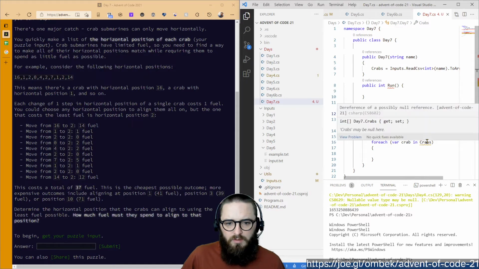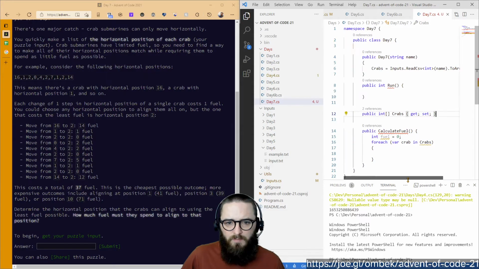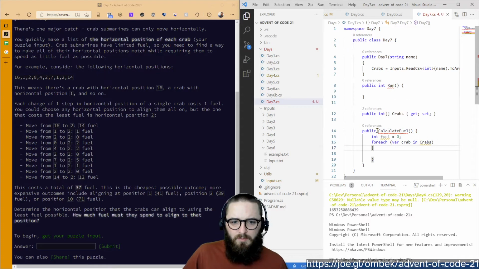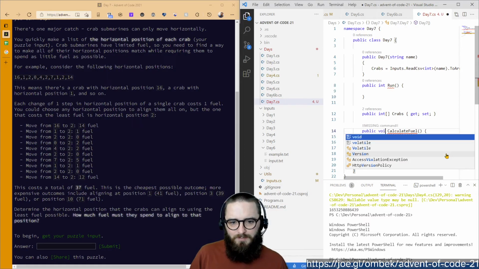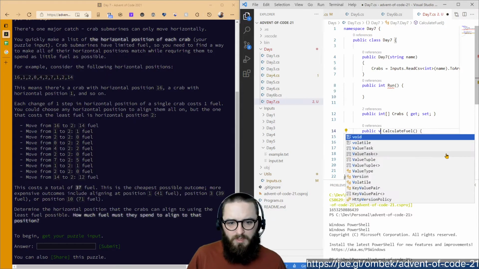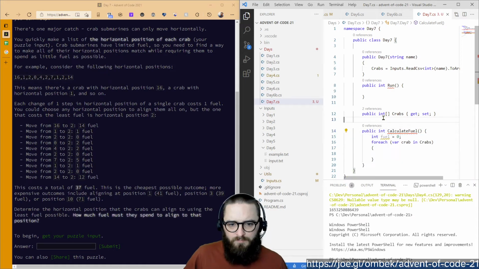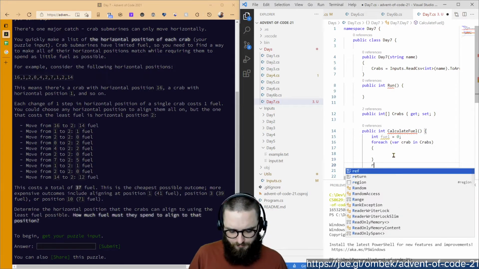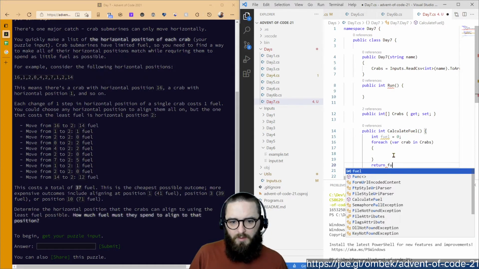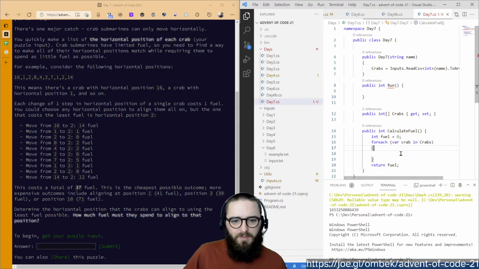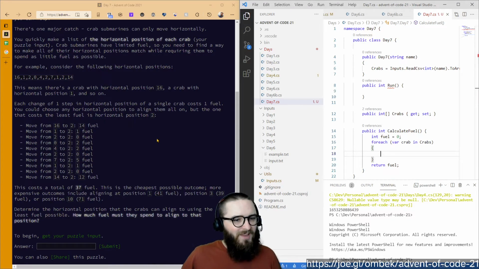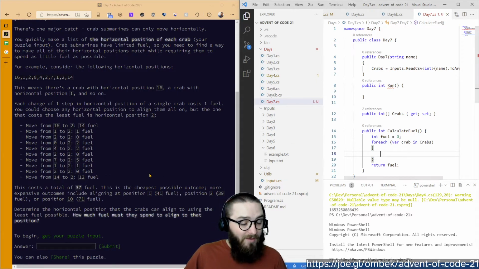Can't be null. Why is it saying possible null? It can't be null. I'm assigning it every time. Don't know. I'm blaming IntelliSense. Public void. No, int. I'm going to return fuel. There we go. I fixed IntelliSense now. It's happy. IntelliSense in VS Code is very particular. It likes everything to be just so. Otherwise, it throws up errors everywhere.